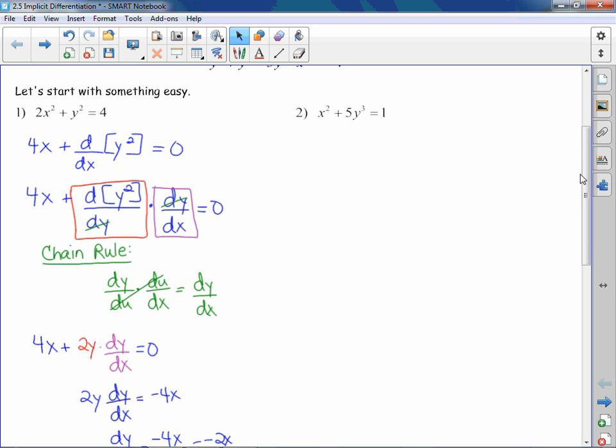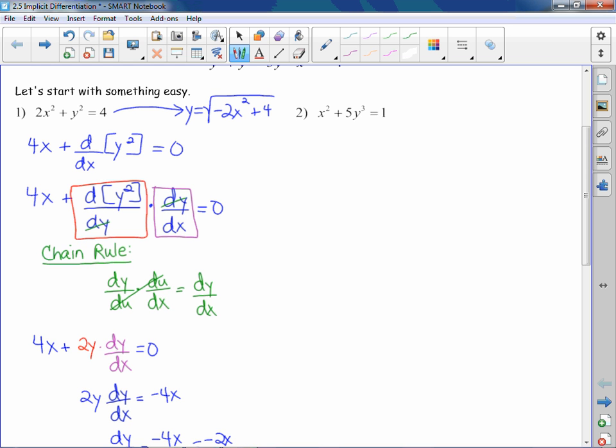Now you may be saying, why don't we just solve for y? What's the big deal? This seems like a lot of work. Well, it's not going to be a lot of work soon. I'm going to show you how you're going to do it. You're not going to put all of that work on your paper, because that would be silly. But if you were to solve this for y, you would actually have to take the square root of both sides, and you'd, of course, subtract that 2x squared from 4.